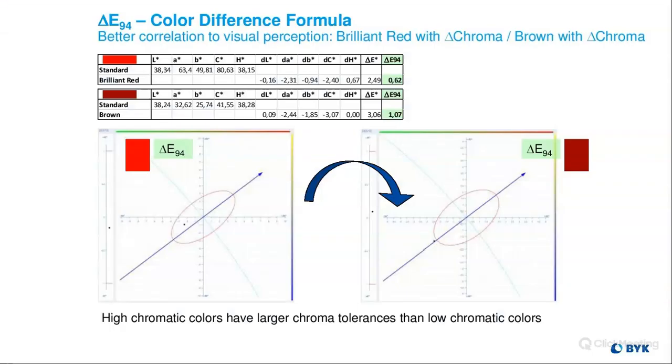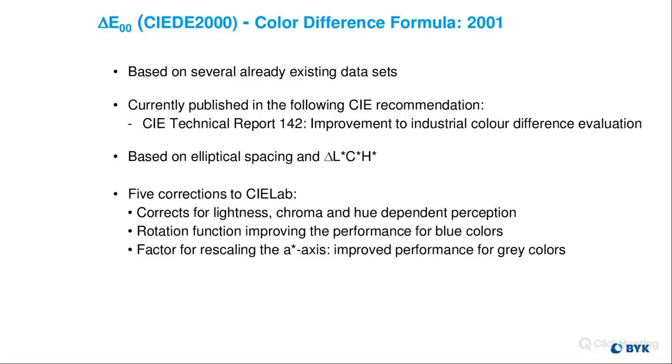All right, continuing on. So to the next equation, we have delta E2000. This was the most recent equation. It was developed in 2000, but was given out in 2001. It was based off of several already existing data sets, like the ones we spoke of before.